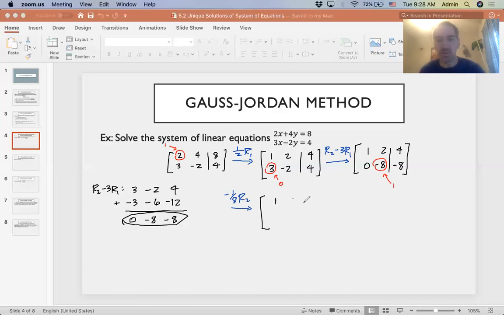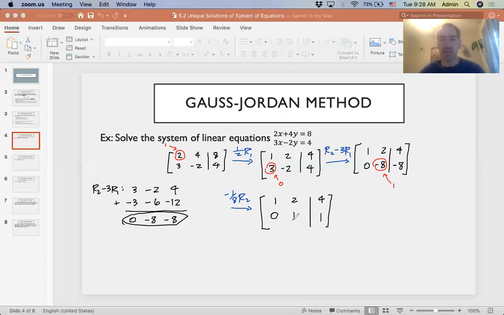All right, so my first row does not change. So when I multiply 0 times -1/8, that's still 0. -8 times -1/8 is a +1, and that would be a +1 also, since it's also a -8.